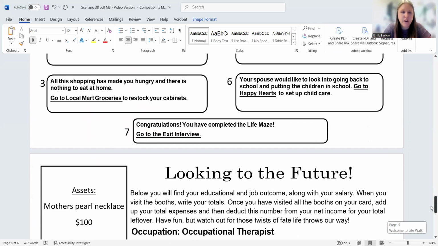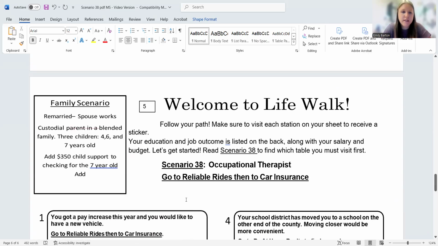All right. The other thing we're going to check is that we have a spouse income. So it looks like mine has a glitch on it. Bear with me just a second. So mine is actually not showing up, but I should have add $1,000 for spouse income. So we're going to fix that on mine real quick.